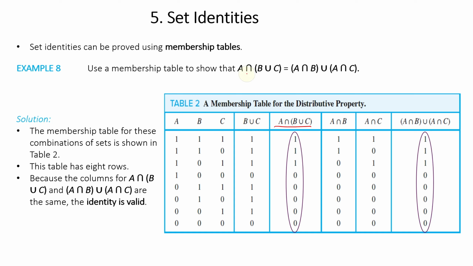And if we'd like to use these to prove that they have the same elements, we're going to do a membership table, which is again very similar to the logic behind the truth tables. And if we can prove that they have the same memberships for all the different possibilities, that means they are equivalent, which means they're equal. They contain the same elements.